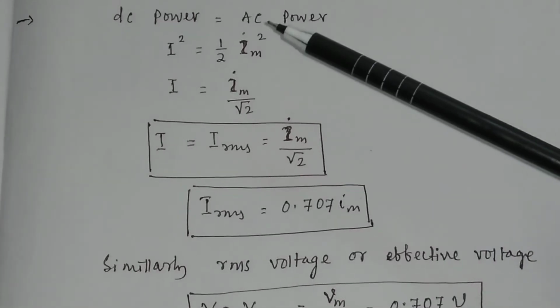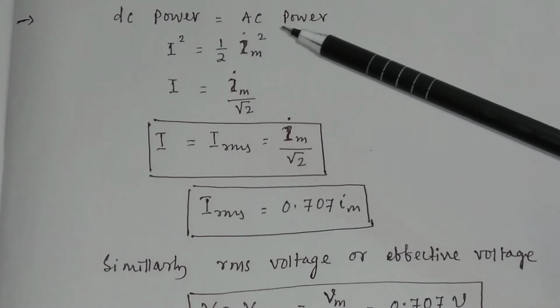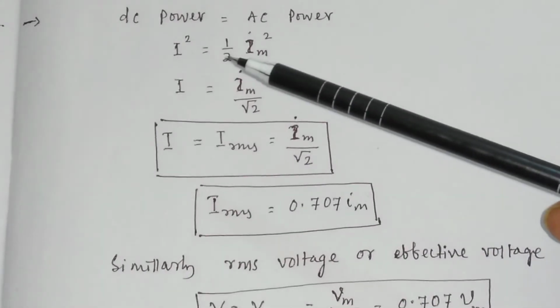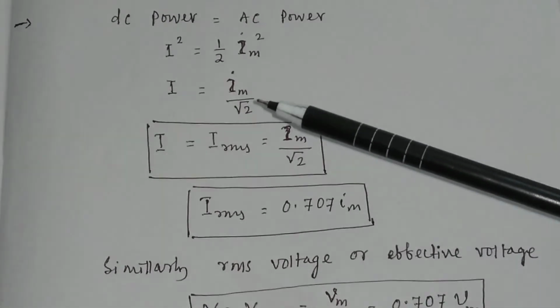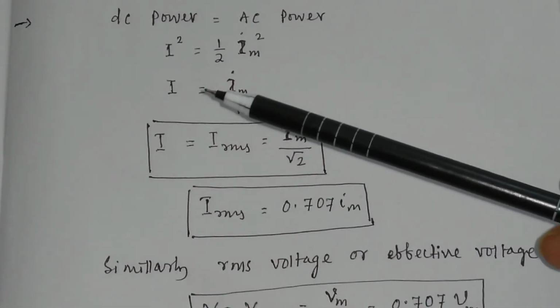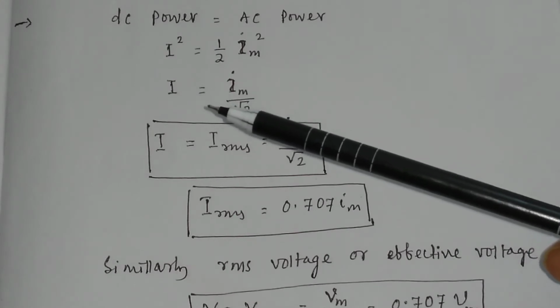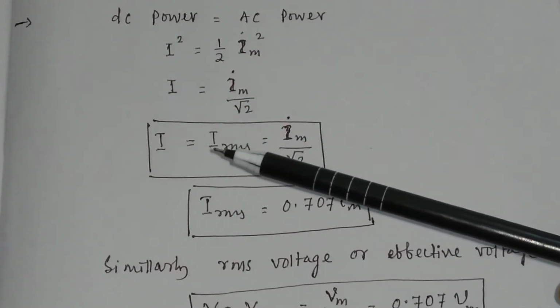So to write DC power the same as AC power, we have to write I square equal to half of Im square. That is, I will be equal to Im divided by root 2. And this DC current is called the RMS value of the AC current.